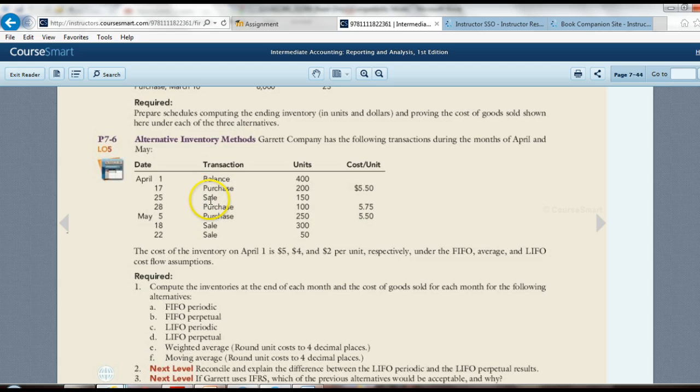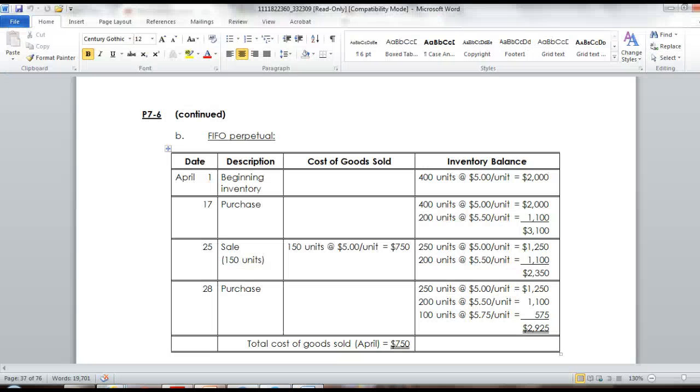And when we sold 150 units here, we sold them based on the initial beginning units of the 400. So here we show our beginning inventory. We show our purchases. We added our purchases here. We kept it current. Then when we show a sale of 150 units, we're showing that based on the 400 units at $5 a unit.